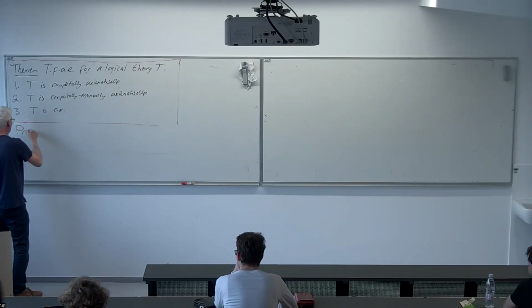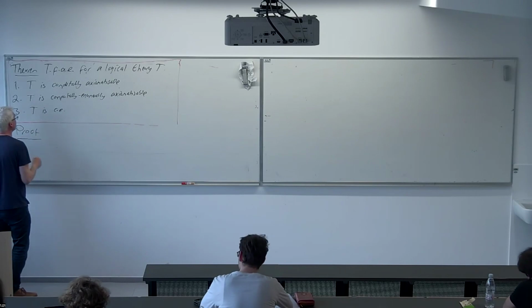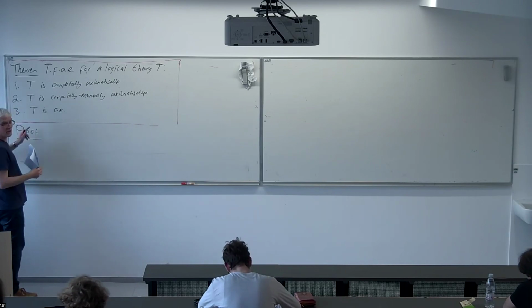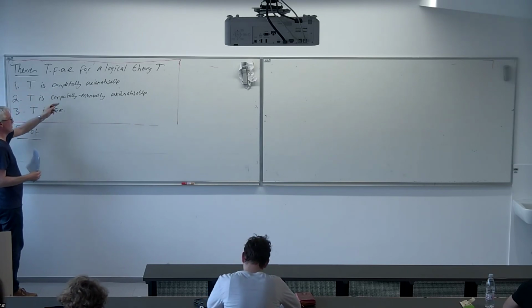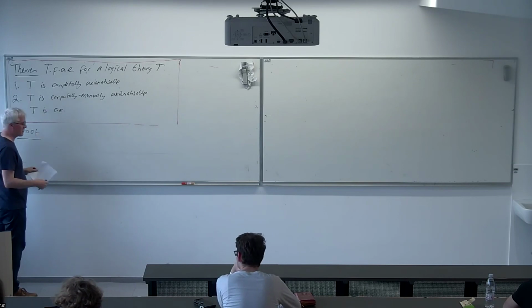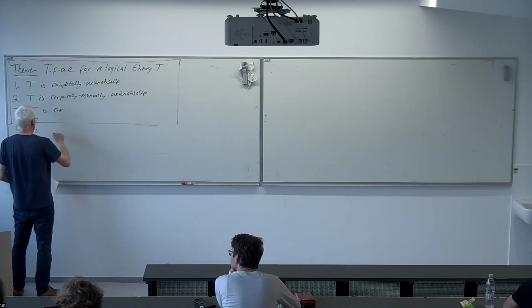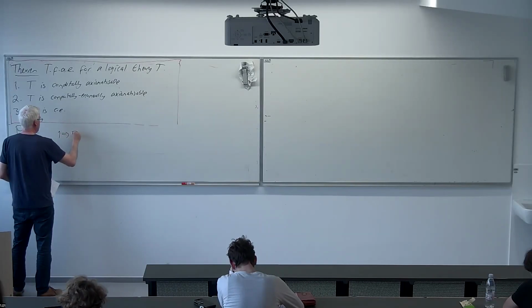Anyway, we've got 3 statements to prove equivalent. Actually, 2 implications are immediate. It's immediate that if it's computably axiomatizable, then it's of course computably enumerably axiomatizable, because every computable set is computably enumerable. So 1 implies 2 is immediate.